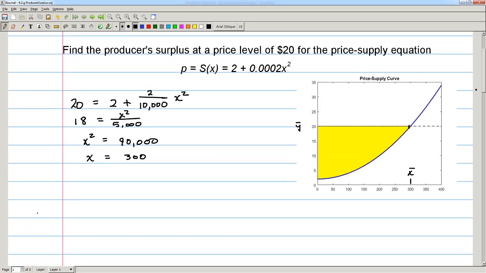And so now we're ready to compute the producer's surplus. The producer's surplus is going to be the integral from 0 to 300 of 20 minus S of X, which is 2 plus, we've already simplified this, x squared over 5,000, dx.